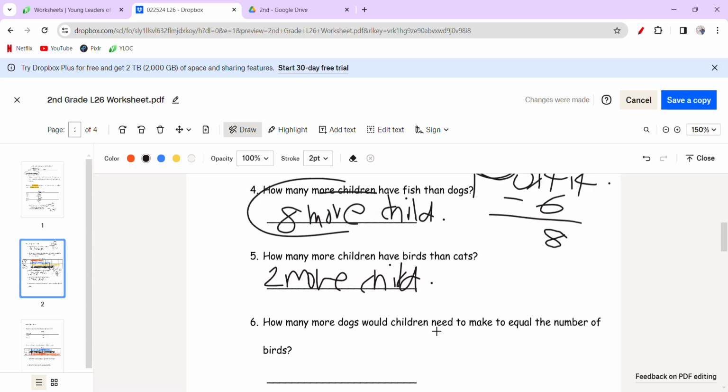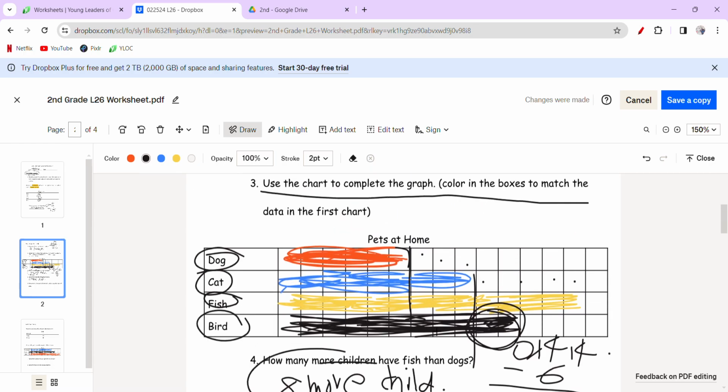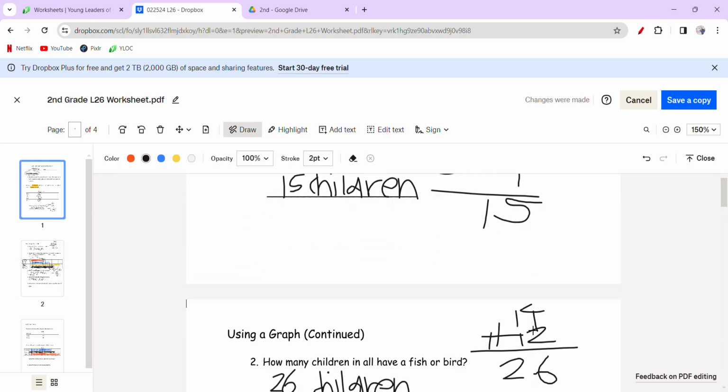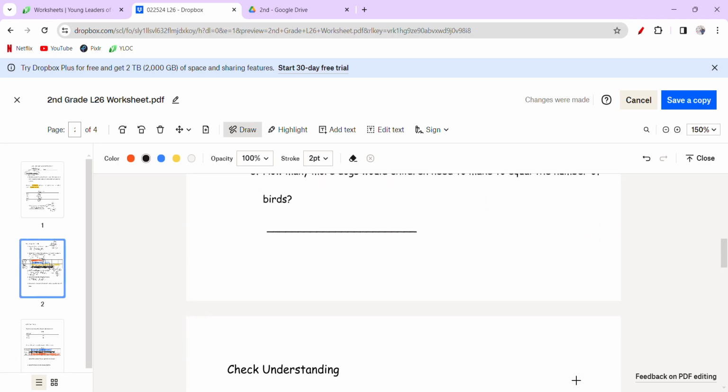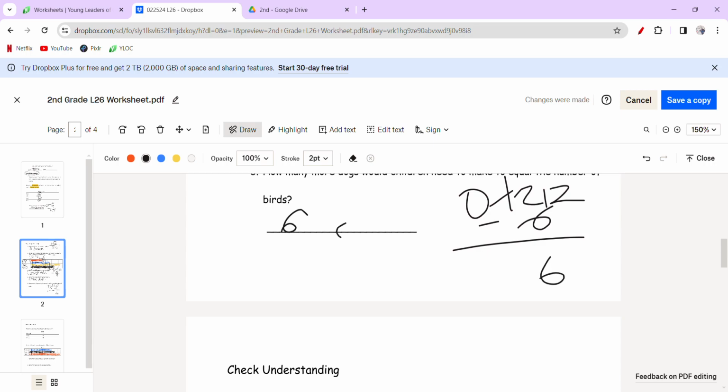Birds have 12 and there are 6 dogs. So it's simply 12 minus 6, and you borrow, add 10, which is 12. 12 minus 6 is 6, so 6 children.